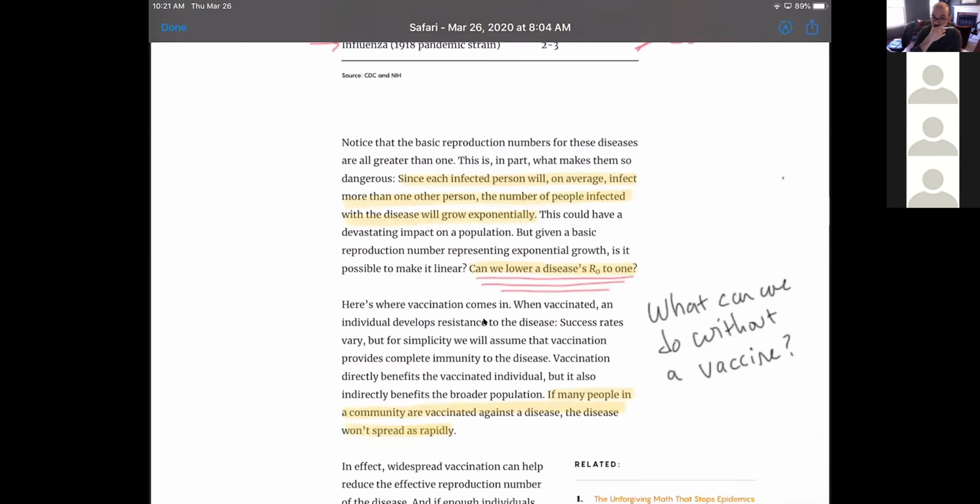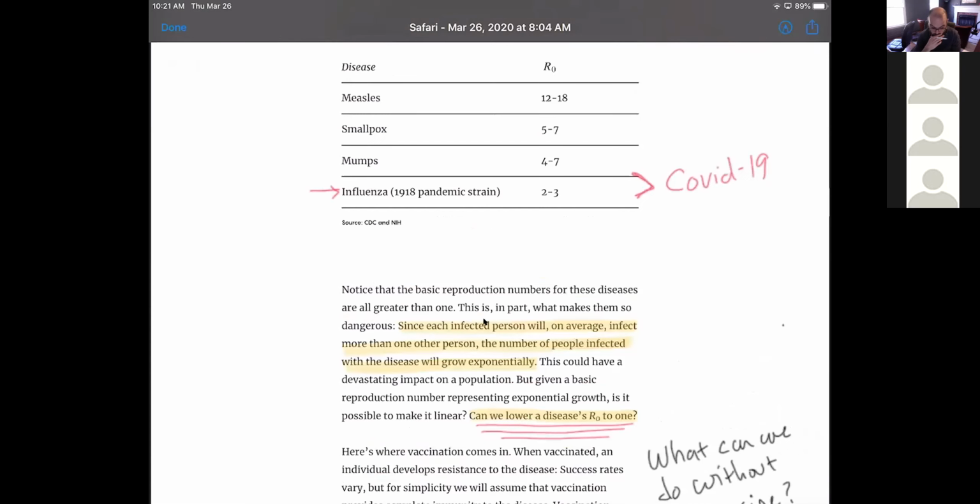So is it 2 to 3 people infected per person per day? Correct. Or 2 to 3 per person over the course of their infectious period. So if you're infected, you are going to transmit it to 2 or 3 other people, per day? No, you're just going to transmit it to 2 or 3 other people, period.